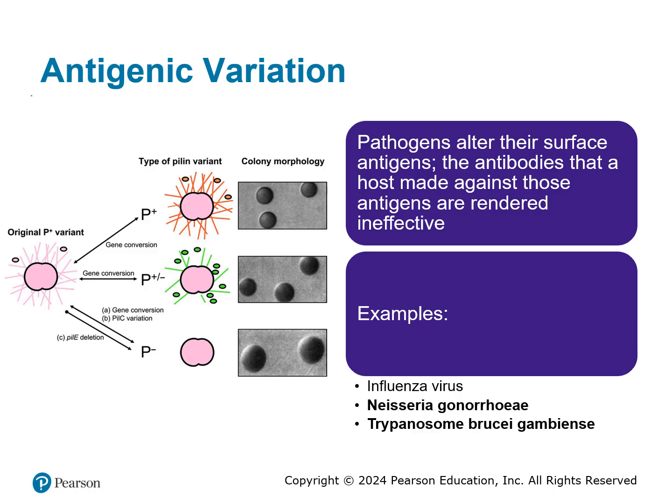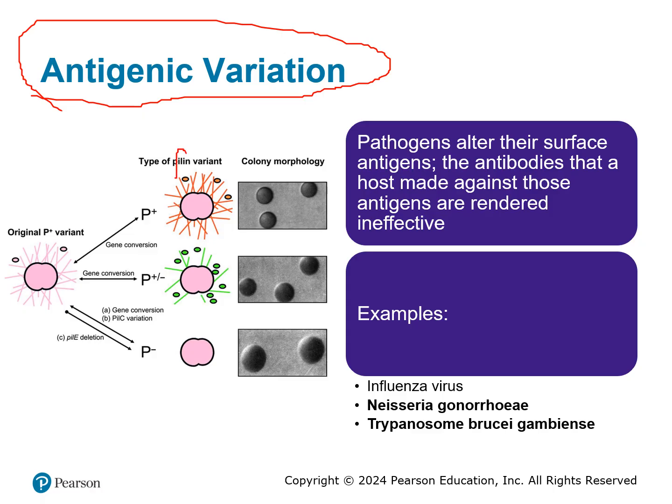Okay, another way that microbes evade your immune system is antigenic variation. So your body might have created some Igs, immunoglobulin, whether that's A, G, M, D, etc. GAMED spells gamed, right?